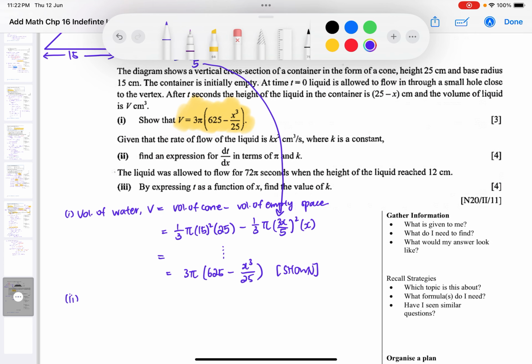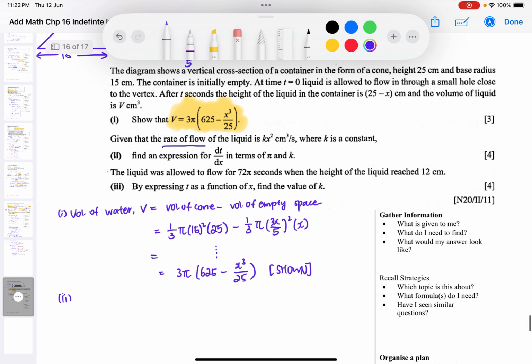Okay, part 2. Given that the rate of flow of the liquid is kx square x cubed over s. What is this information given? If I write it in mathematics sense, this is dV over dt, where k is a constant.